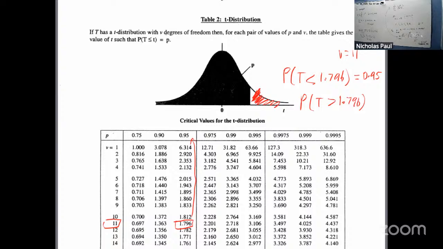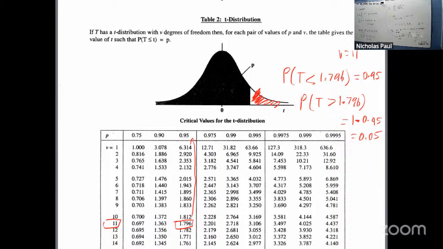What will that be? One minus 0.95, so you'll get 0.05.